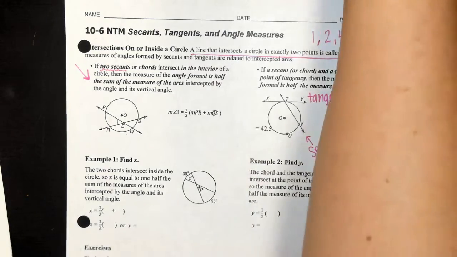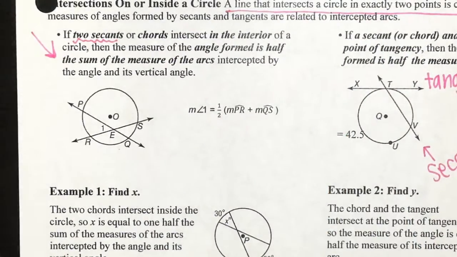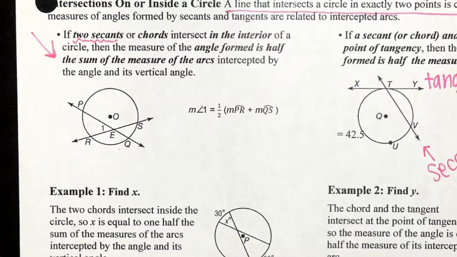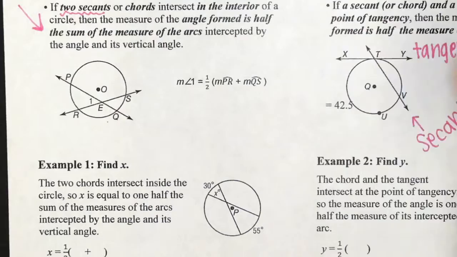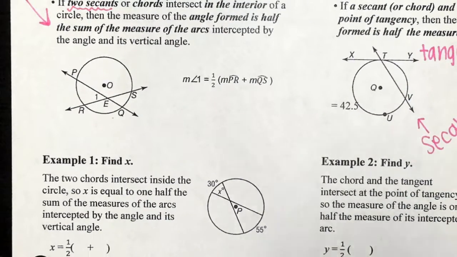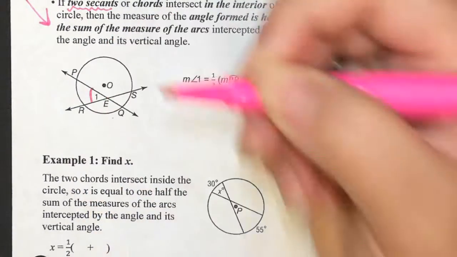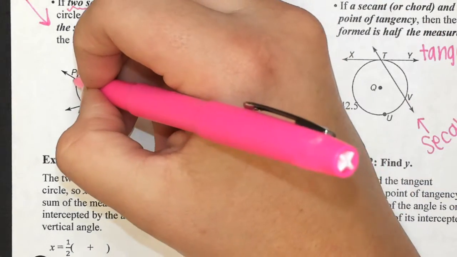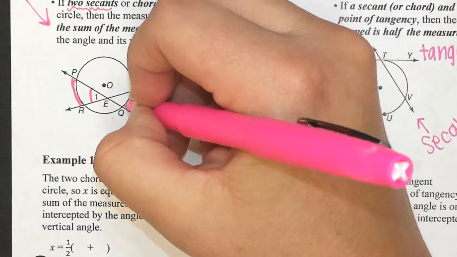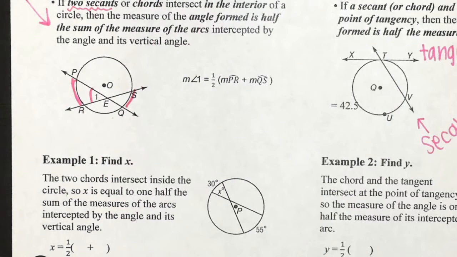So if you have two secant lines that intersect in the middle of the circle, they're intersecting at what point? E. Get it? Because it's in the middle of the X. So how you find whatever measure they're asking, in this case I think it's measure 1, this angle measured right here is equal to the sum of this one and this one divided by 2.